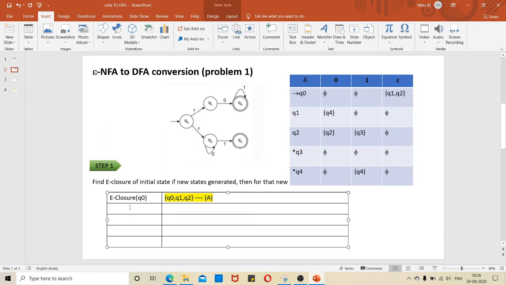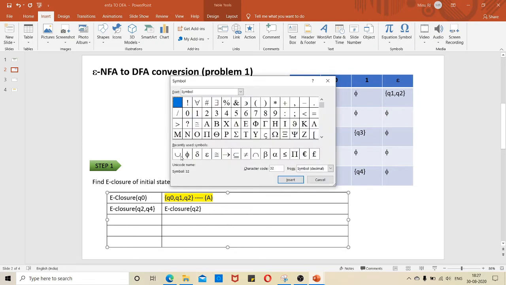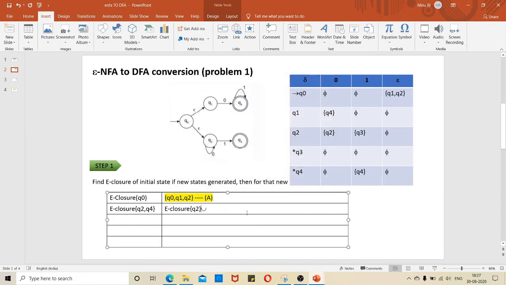Let me use this as the epsilon closure table. The epsilon closure of Q2, Q4 is the union of the epsilon closure of Q2 and the epsilon closure of Q4.